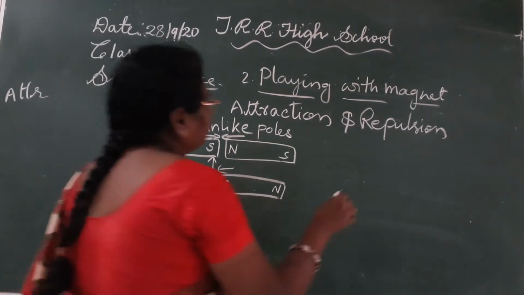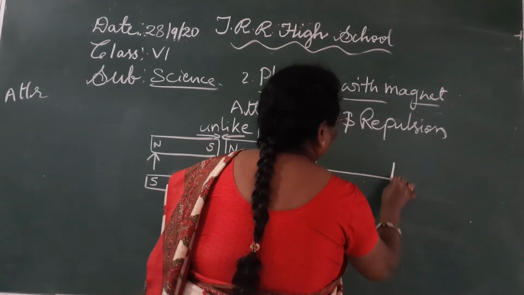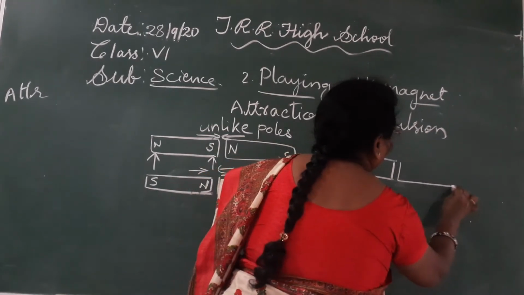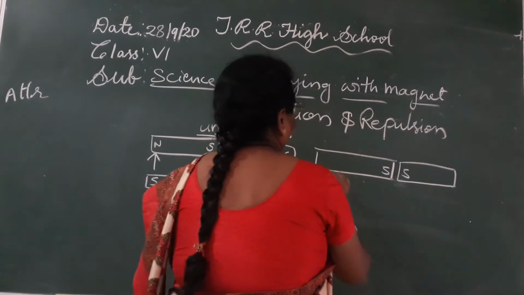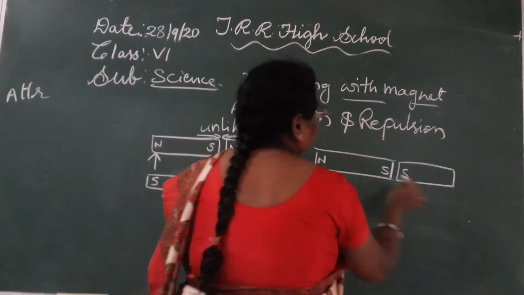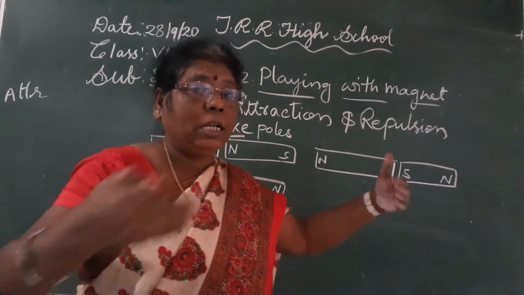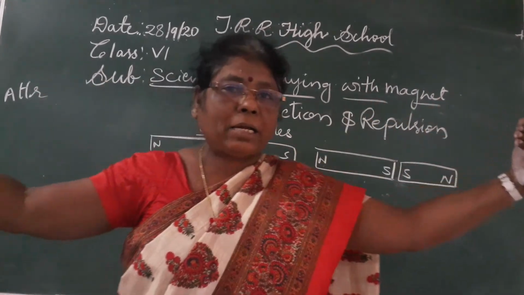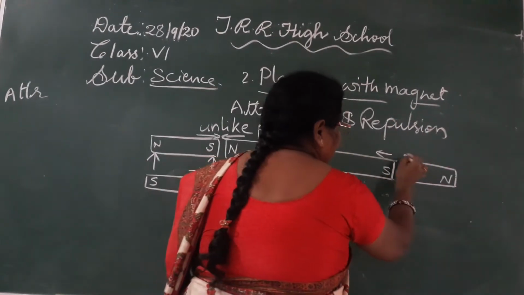Now another example. Again take two bar magnets and bring them near to each other. What will you see? South pole, south pole. Same poles repel; they go back and move away from each other.